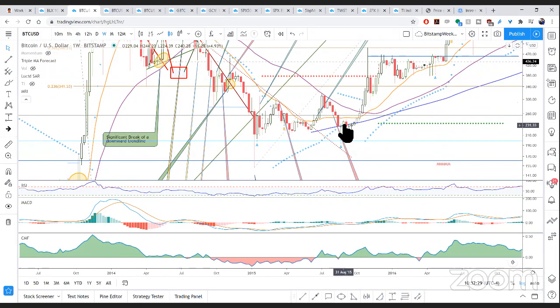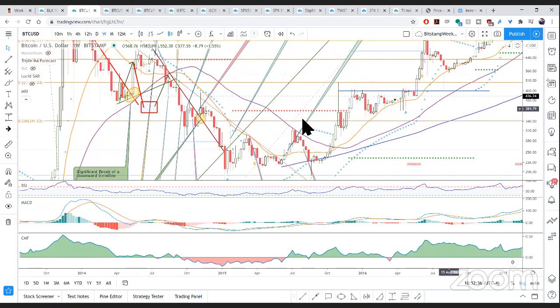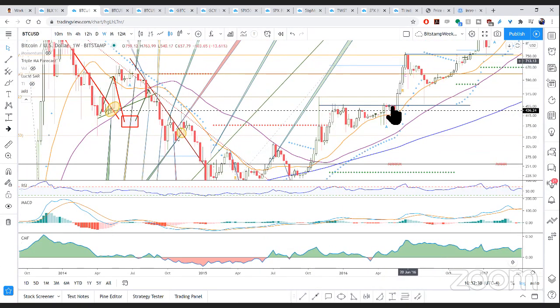Okay, so where's January 2016? Here's January 2016 up here. We were consolidating before the breakout. Now this breakout was driven by the halving. So we're probably not going to get that, the halving breakout already happened. But right here we had these swing highs and swing lows. That's a drop of 20%.